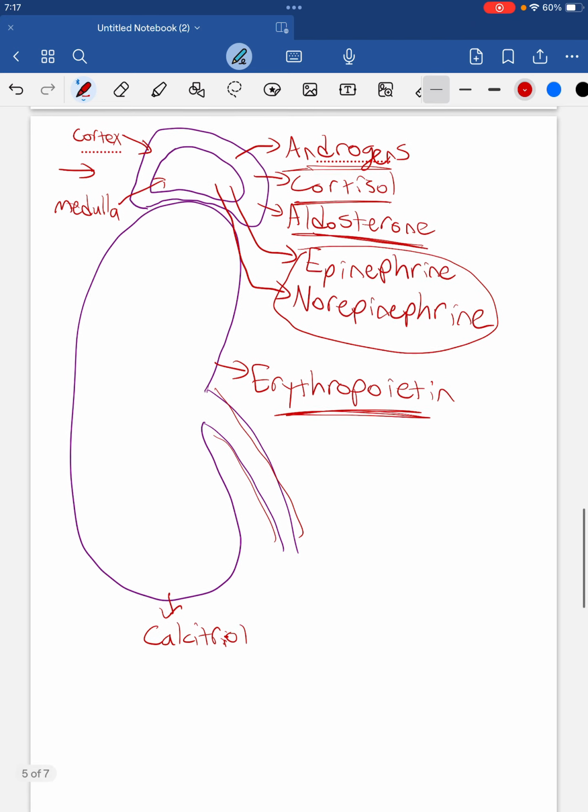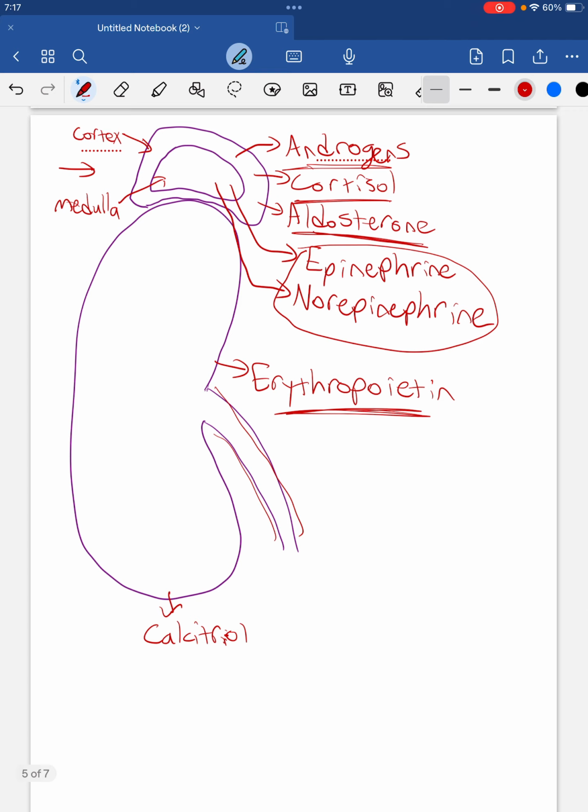Okay. So it helps to increase sugar within our blood. It will do this by causing gluconeogenesis if necessary. So gluconeogenesis is creating new glucose. So forming glucose from lactic acid and proteins. It will also increase fats in the blood if we need longer term energy.